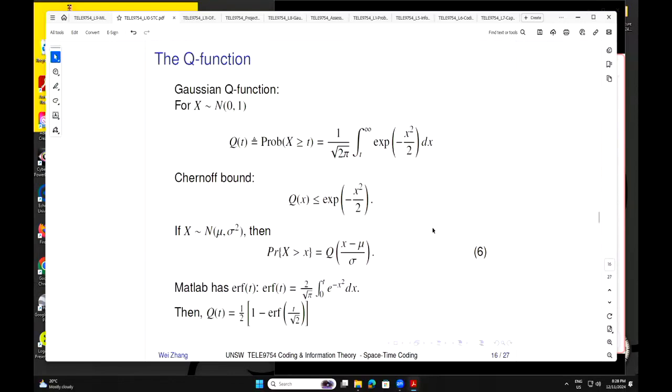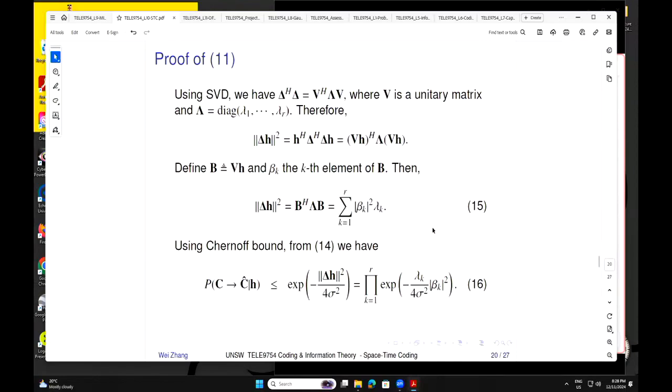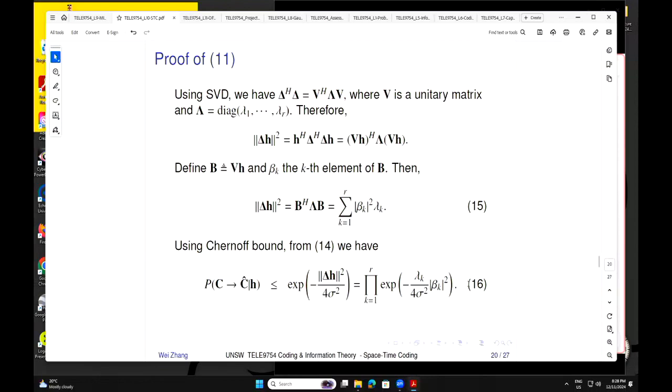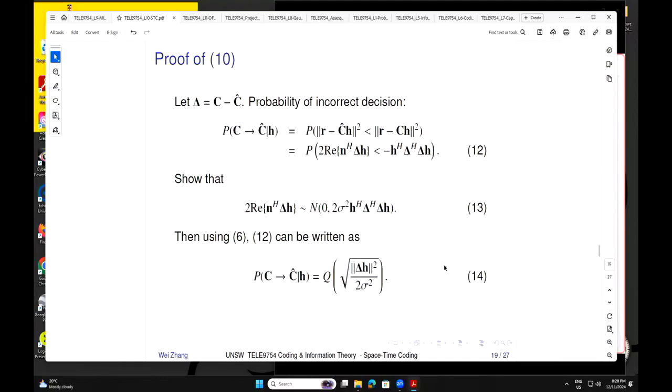The second part, I think, is the PEP analysis. That is maybe from equation 12 to equation 16 or 18. I think 18 is the maximum, right? Only 3 pages.